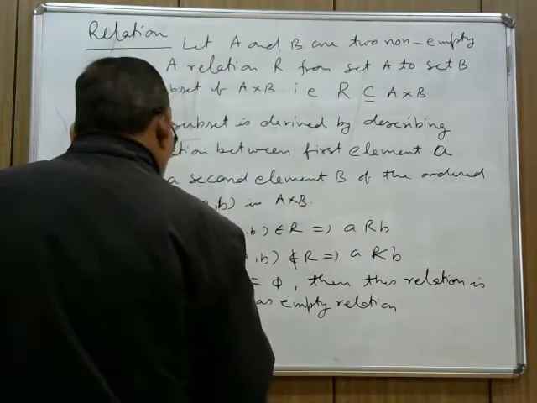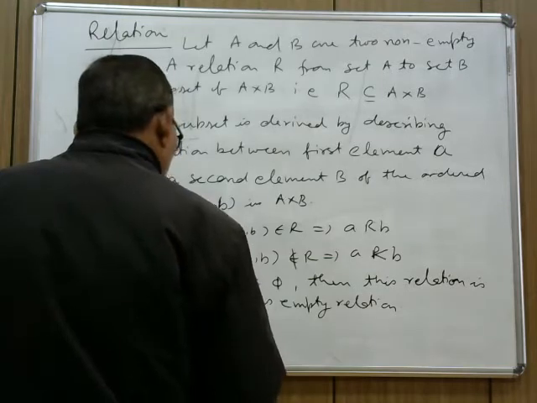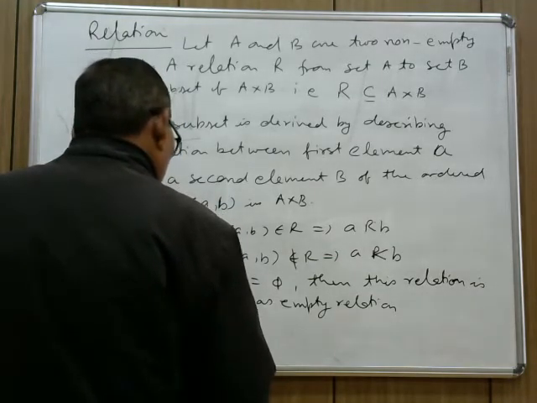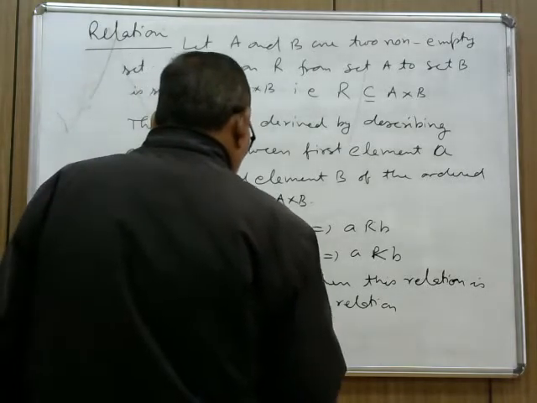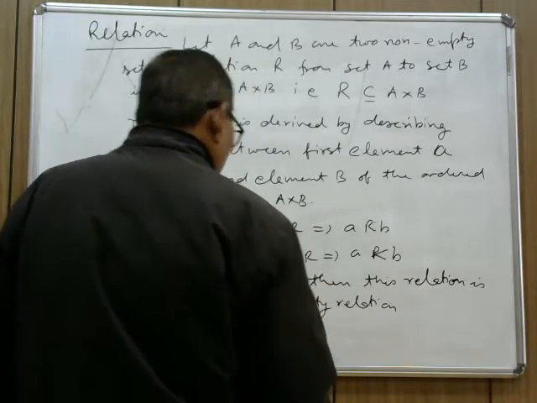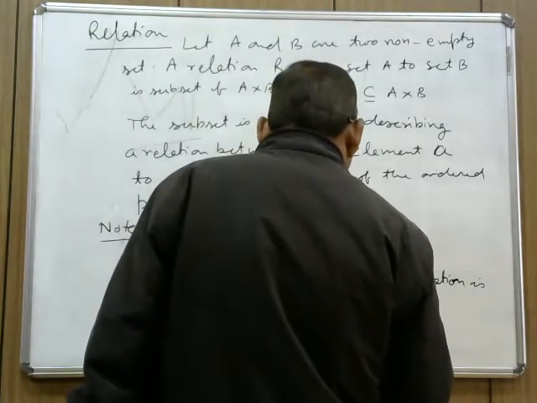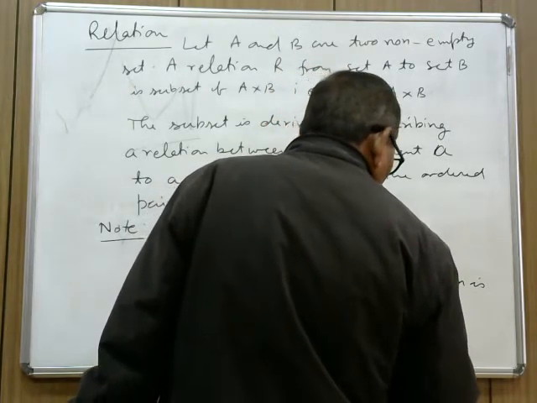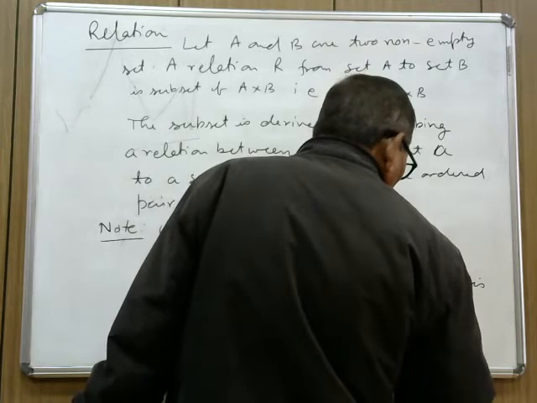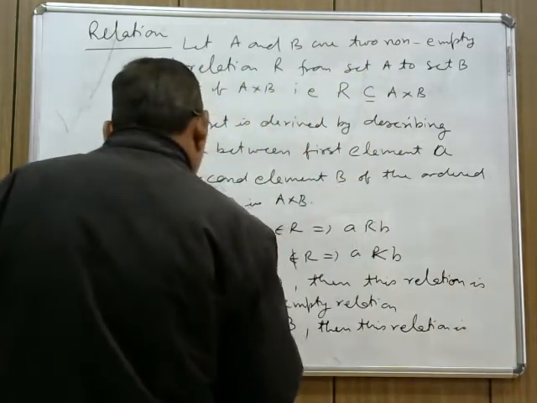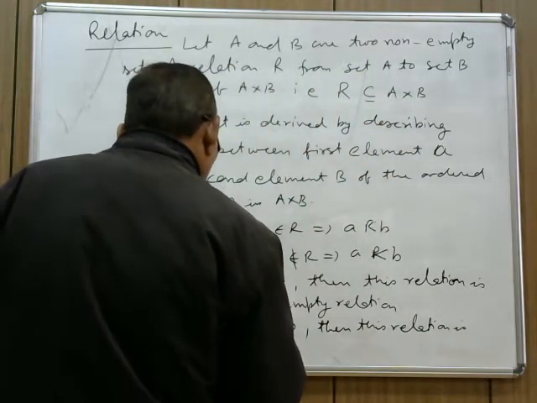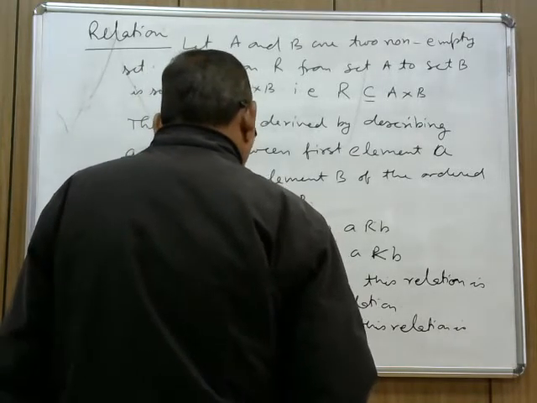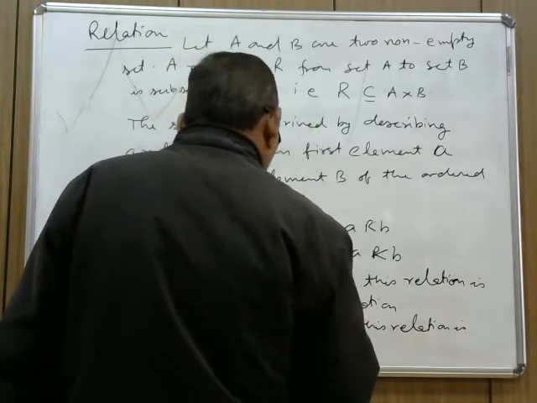Fourth, if R equals to A cross B, if R is the same as A cross B, then this relation is known as universal relation.